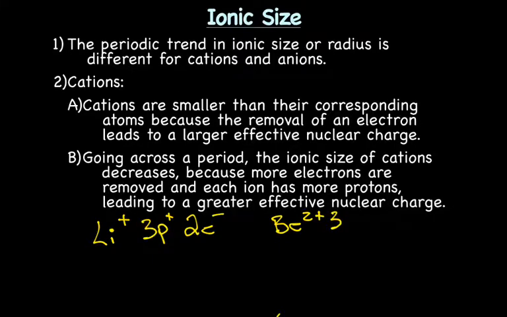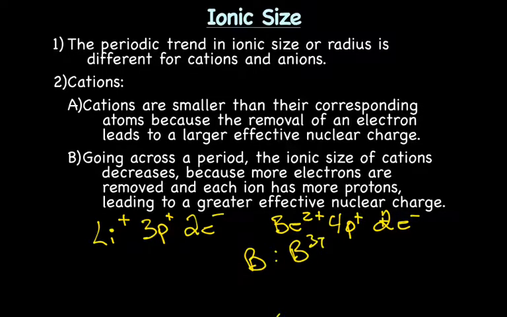It has 4 protons and how many electrons? Still only 2 electrons. So you can see that beryllium is going to be even smaller, because if you do the math, the effective nuclear charge is even greater. If we were to go on to boron, it would be B3+.